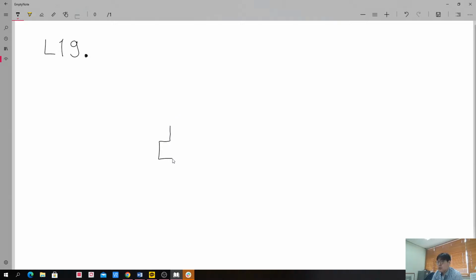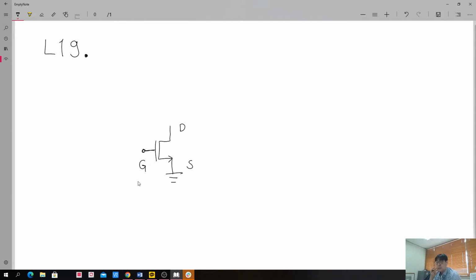So now we have a MOSFET symbol. This is the source, this is the drain, and this is the gate. Of course, we have a hidden terminal, the substrate or the body, but it is assumed that the substrate or body is also connected to the source and connected to the ground.